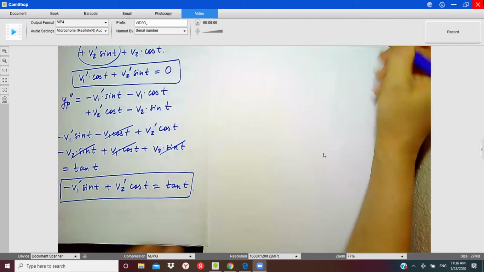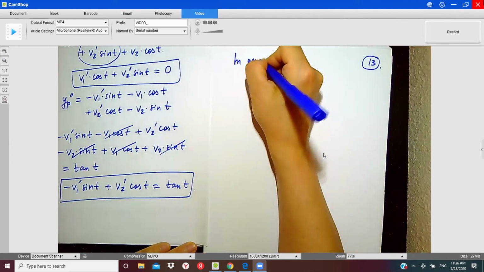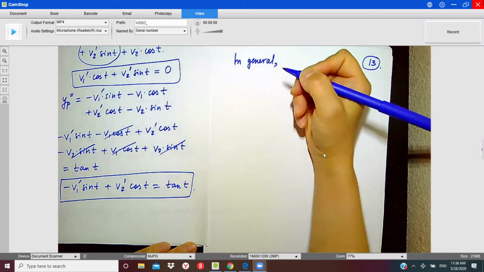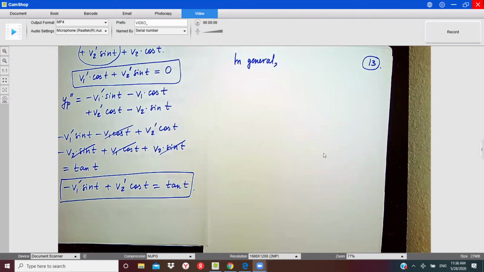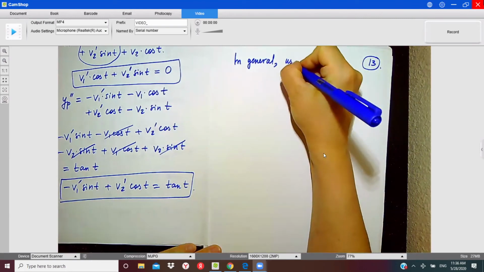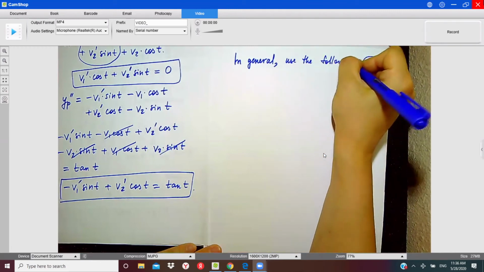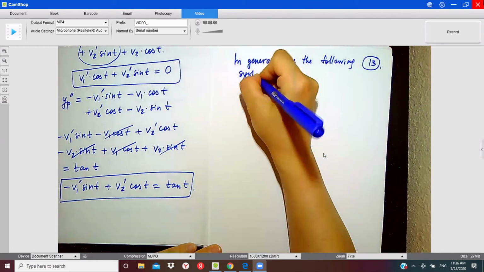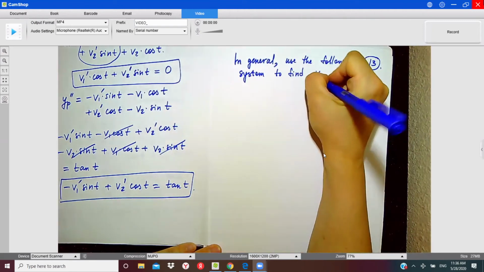Number 13, we say in general, use the following system to find v sub 1 and v sub 2.